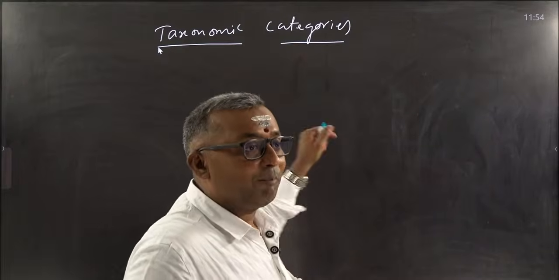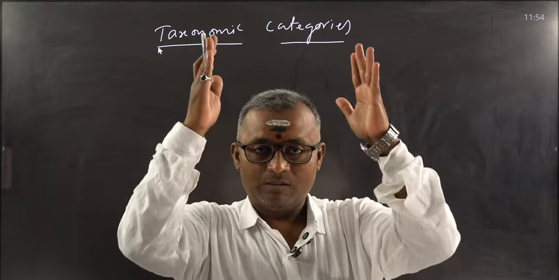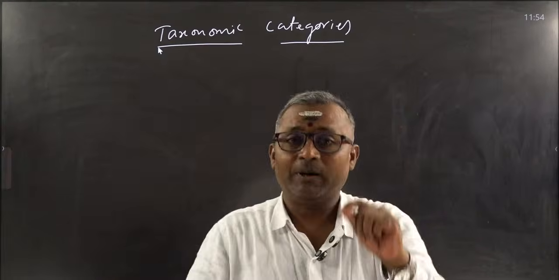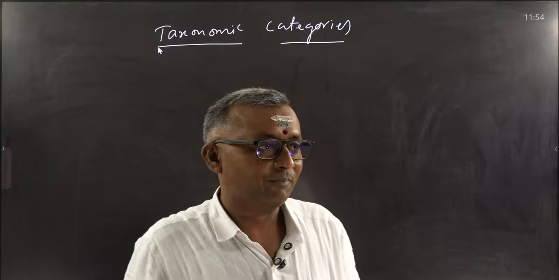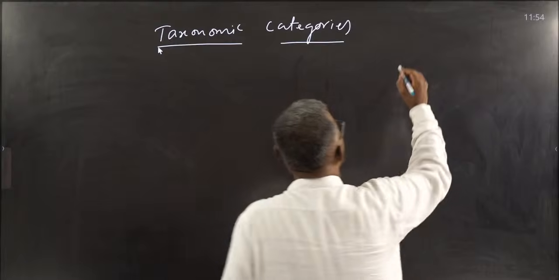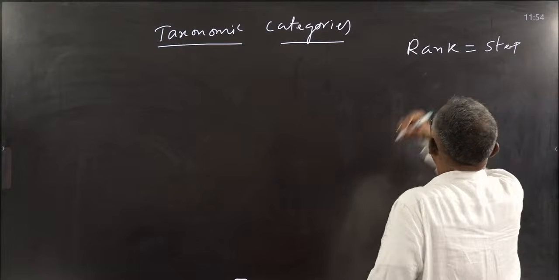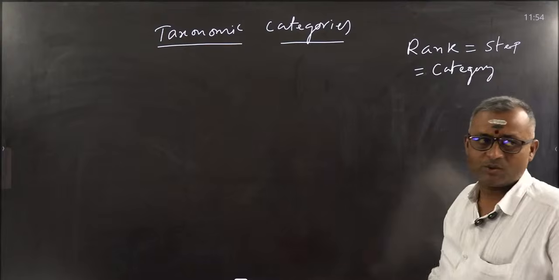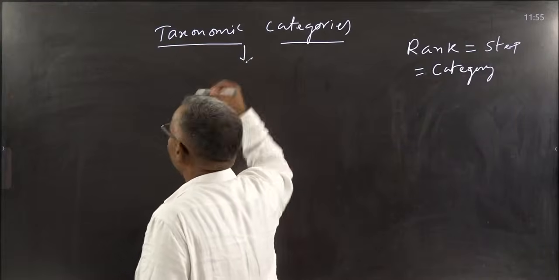Similarly, even in plant classification, there is a hierarchy of steps, where each step is called a rank or category. Rank is nothing but a step, that is nothing but a category. And of course, scientifically you can call it a taxon.